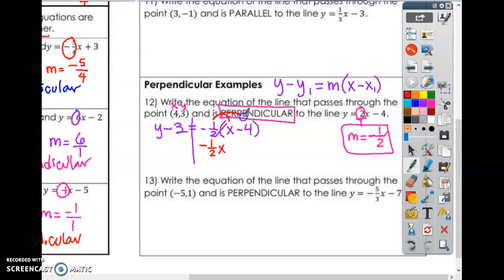And negative 1/2 times negative 4 is a positive what? 2. I have to move this over, change the sign, it becomes a plus 3. So now I have y equals all of this. What's 2 plus 3? 5. So my equation's y equals negative 1/2 x plus 5.